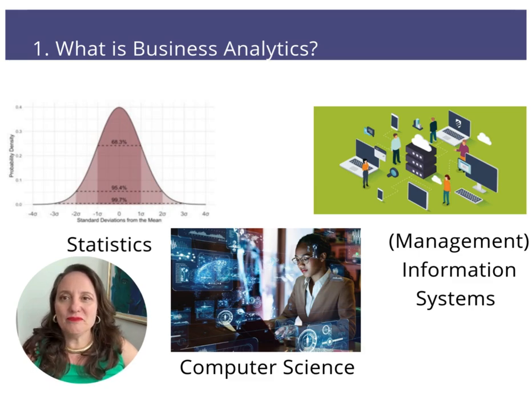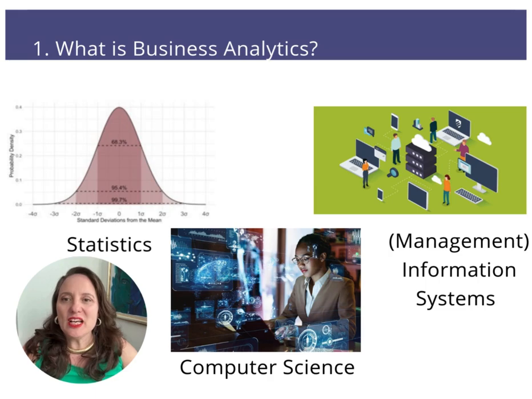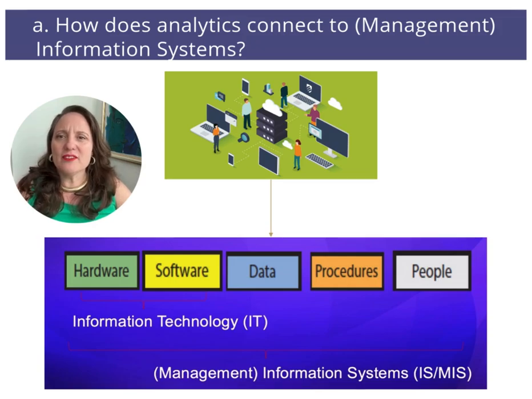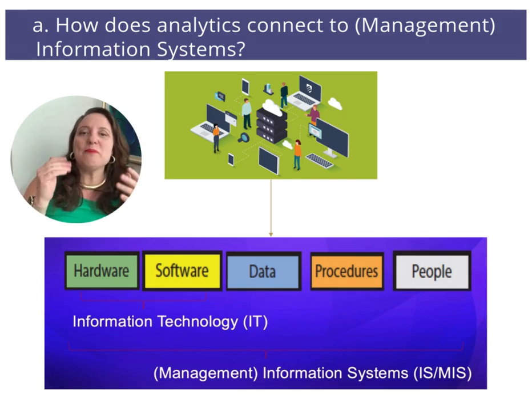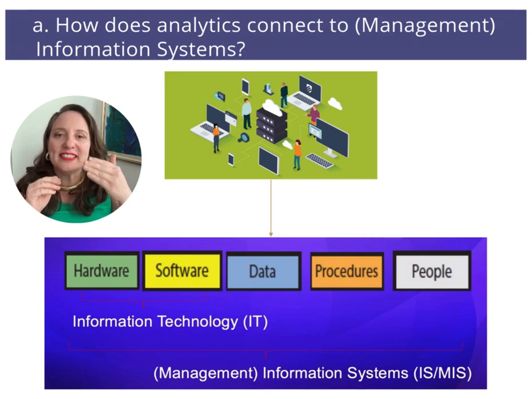How do we do all these? We do it by combining statistics, management information systems, and computer science fields. So, how does that connect to your field of management information systems? Basically, you have learned that information technology is hardware and software. And whenever we say management information systems, we're talking about not only the technology part, but also the data, the processes people use, and the people.